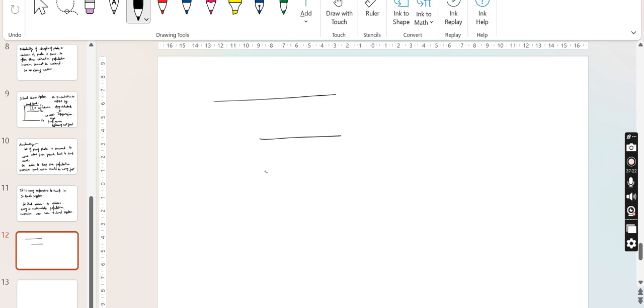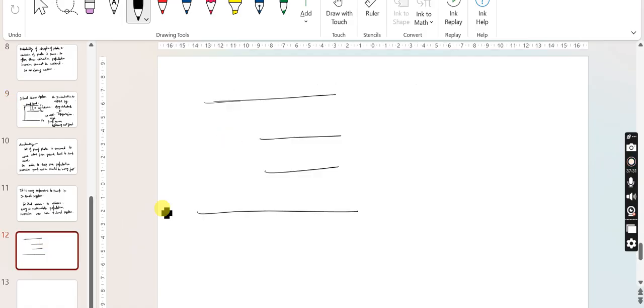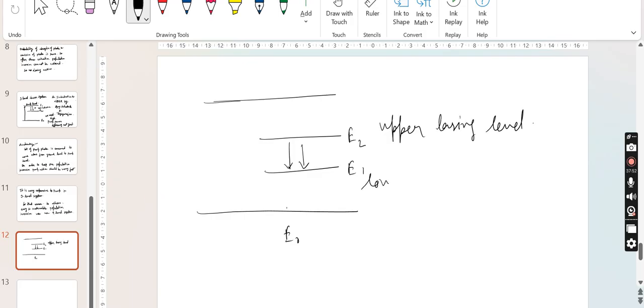So for that, what happens? In the three-level system, the pump level and upper lasing level, we separated them. Now we also separate the source level or ground level and the lower lasing level. So lasing action happens between E2 and E1. E2 is the upper lasing level, and E1 is the lower lasing level.